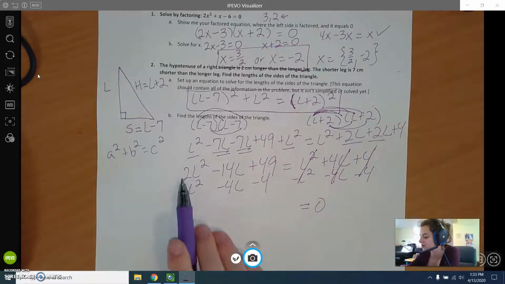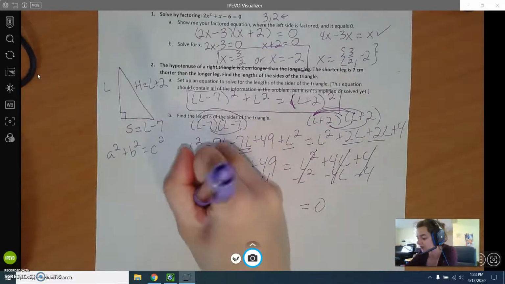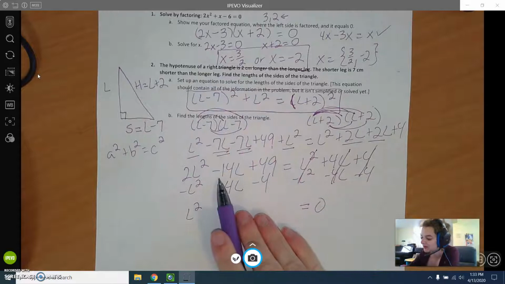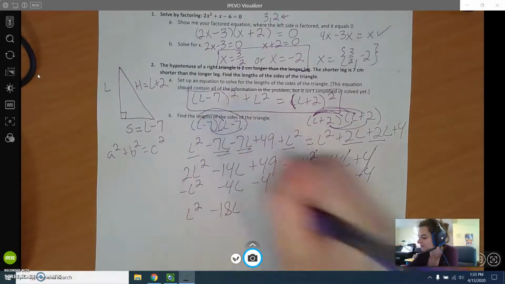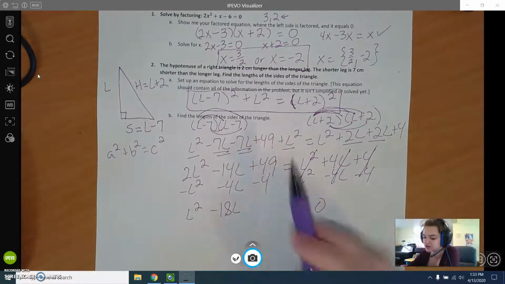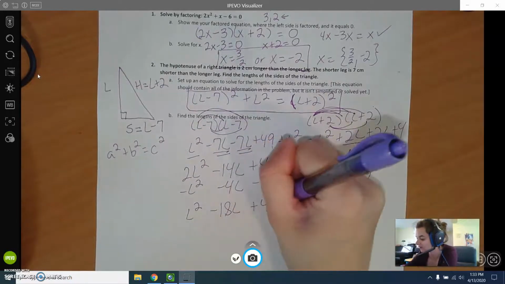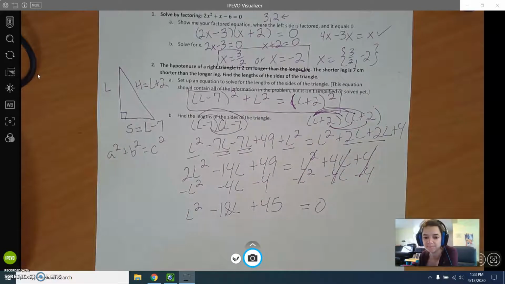On the left side, 2L squared minus L squared is L squared. Negative 14L minus 4L is negative 18L. And 49 minus 4 is positive 45. Okay? We're finally in standard form. So we are where we were at the very beginning of number 1, in case you're curious.